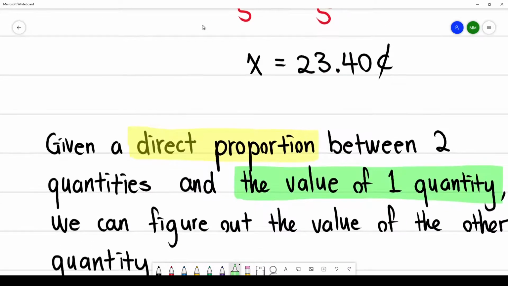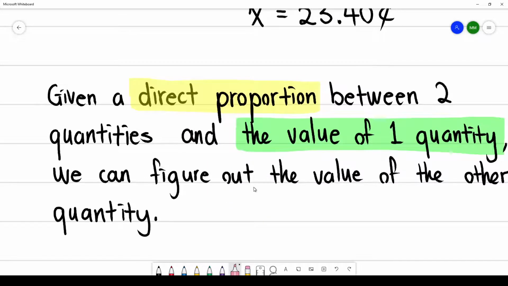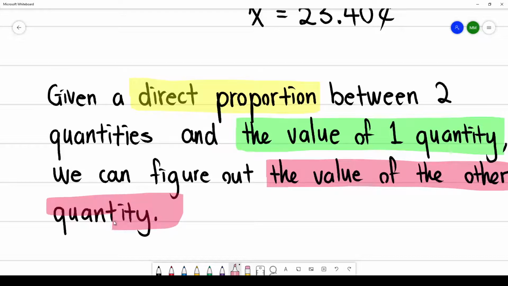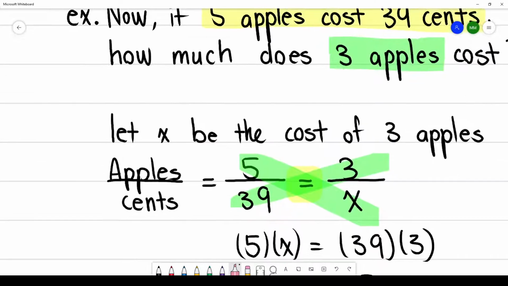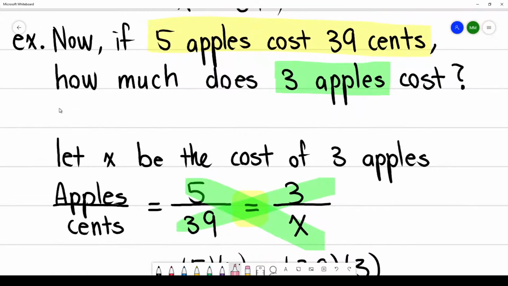And with that, we can figure out the value of the other quantity, which in this example is the cost. So this cost over here, x.